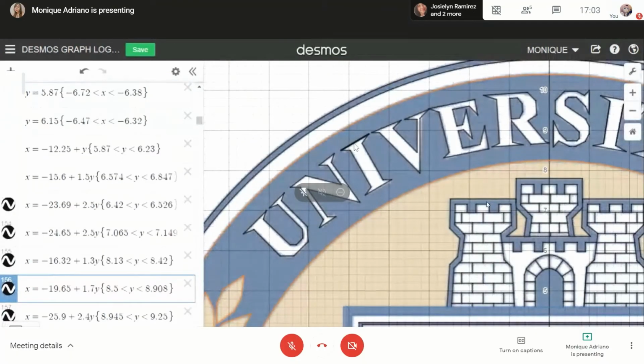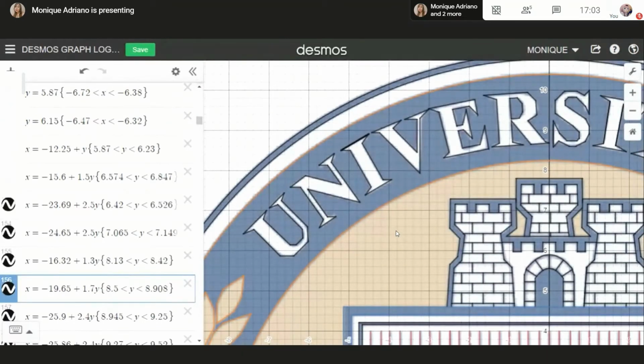The measurement of the line in the upper part is x equals negative 19.65 plus 1.7y, and the bracket for the measurement of the line is y is greater than 8.5 but less than 8.908.